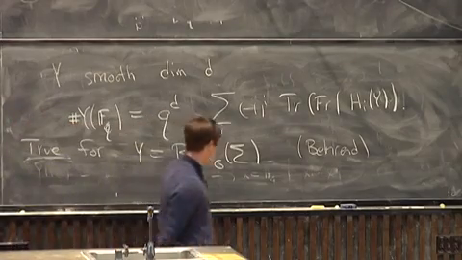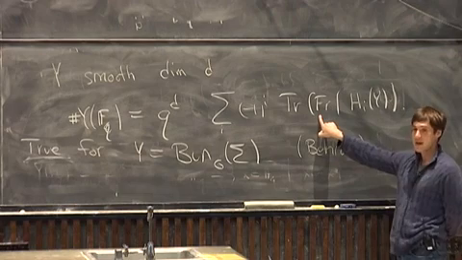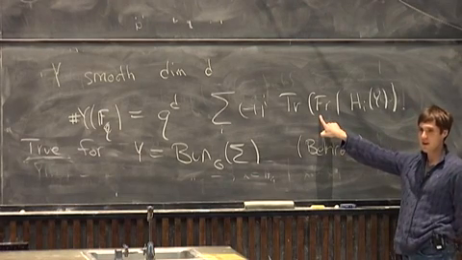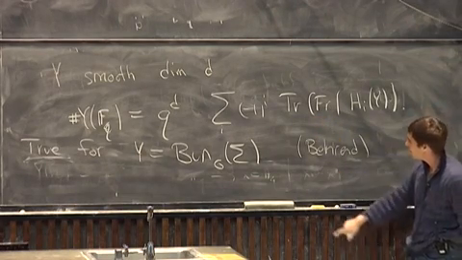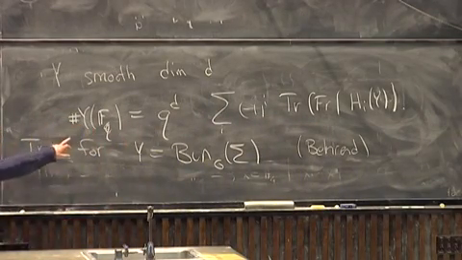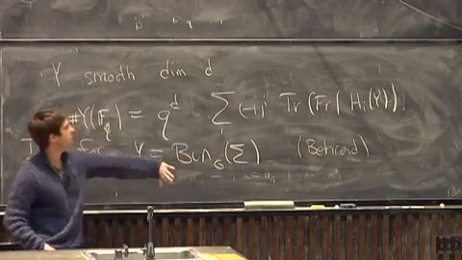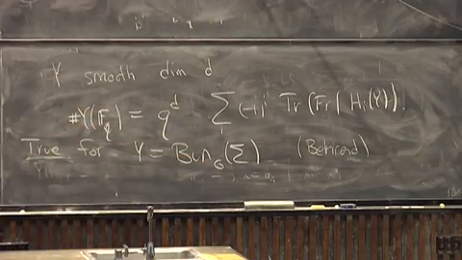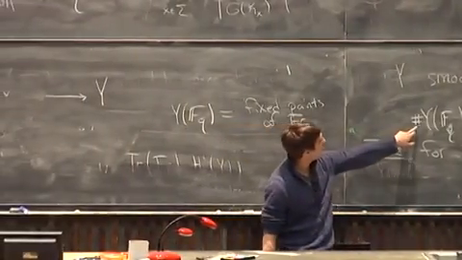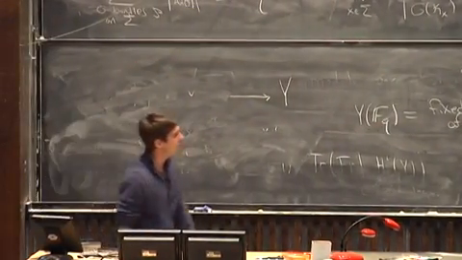I should emphasize, one thing to be careful of is that for ordinary algebraic varieties, this side is an integer, this is a finite sum, and they're equal to each other. In this situation we're interested in, as I mentioned before, this is defined by that sum, which is an infinite sum.